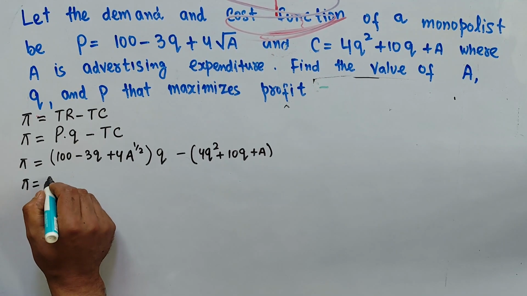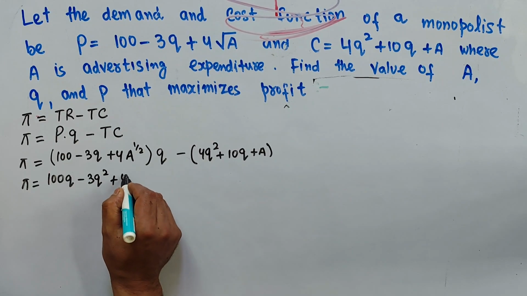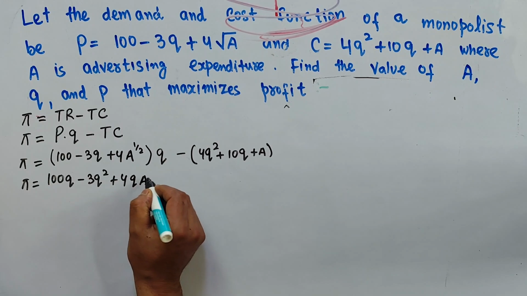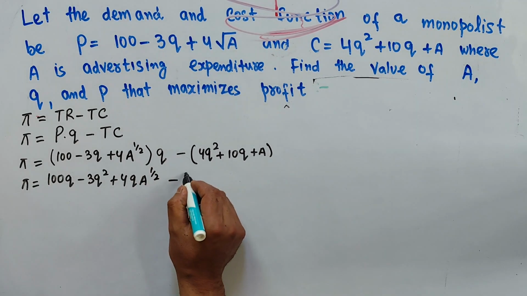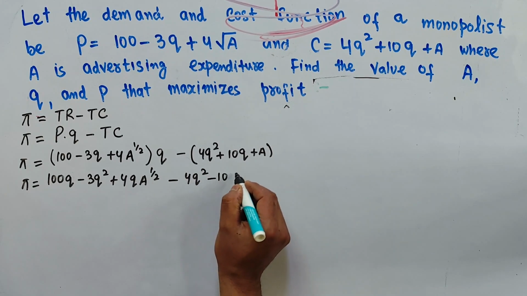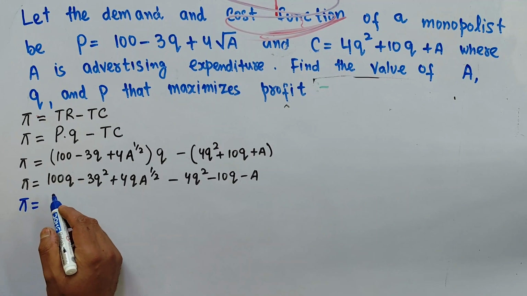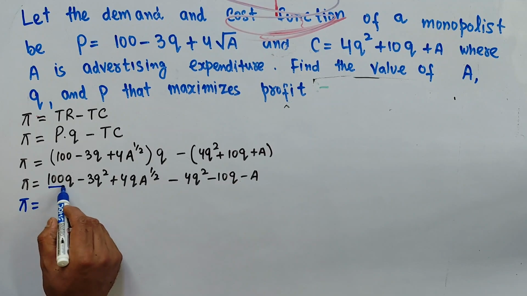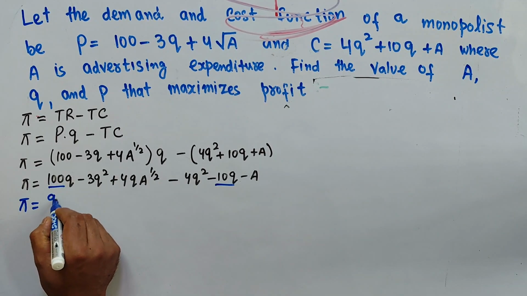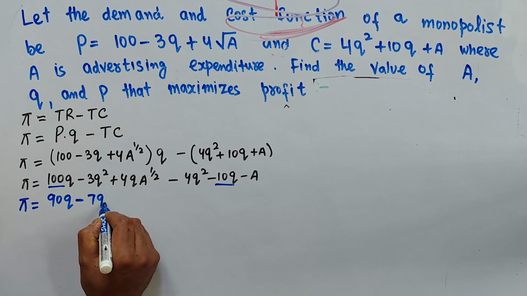So profit equals, with Q multiplied to each of these terms, 100Q - 3Q² + 4QA^(1/2) - 4Q². The minus is multiplied to each of these terms, so we have -10Q - A. Let us add the like terms. 100Q - 10Q comes out to be 90Q, and -3Q² - 4Q² becomes -7Q².